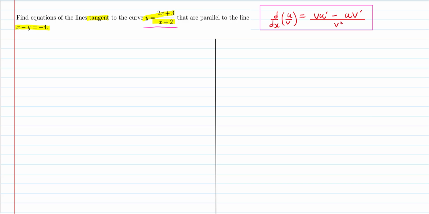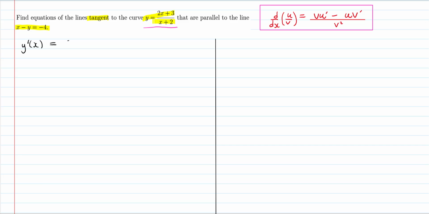In order to differentiate that function, y equals (2x plus 3) over (x plus 2), we're going to need to use the quotient rule. I've written that out on the top right hand side just for reference. So y dash of x is going to be equal to, well, our denominator is x plus 2, so that is our v part in the formula.